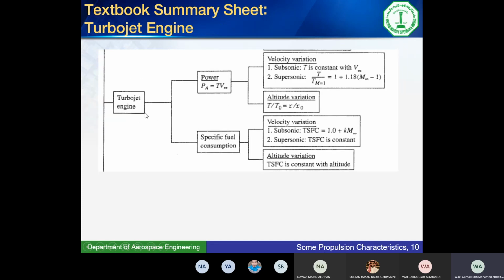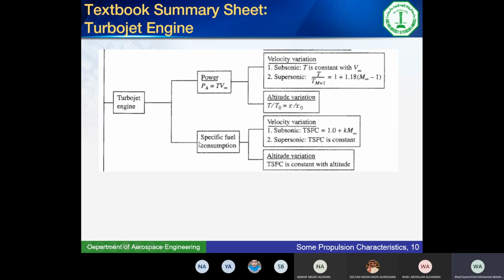Also, on the same page, we have the turbojet. What's the power and specific fuel consumption? Power is thrust multiplied by V infinity. And how would each one of them change with velocity and altitude?